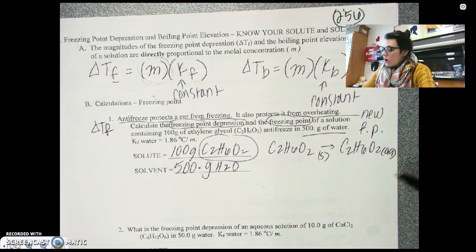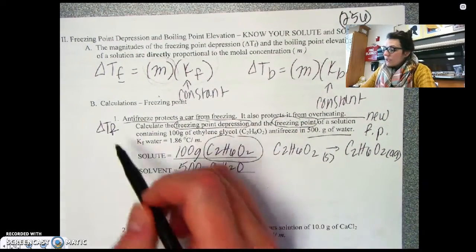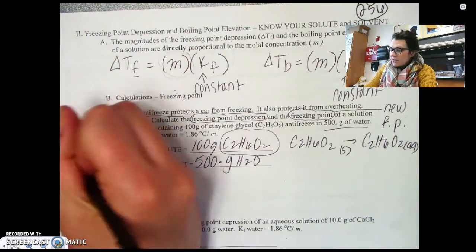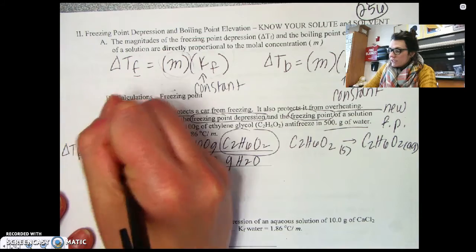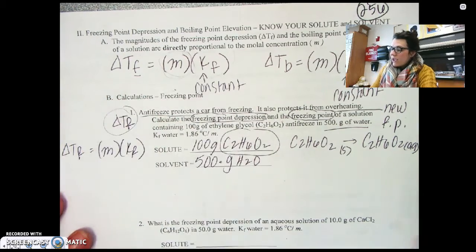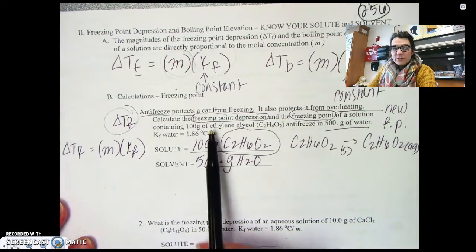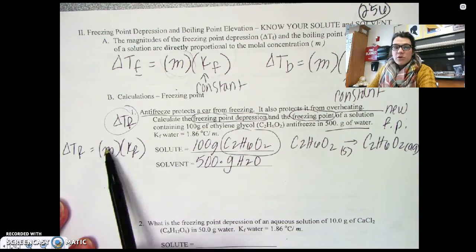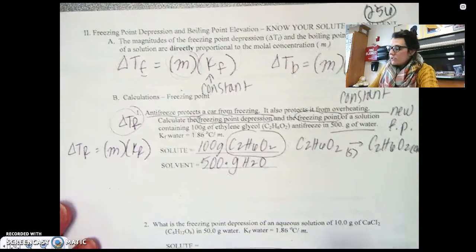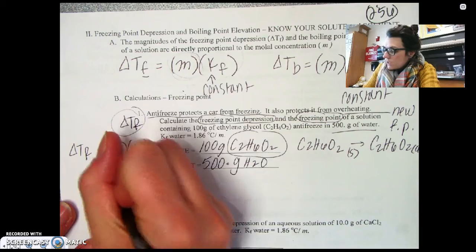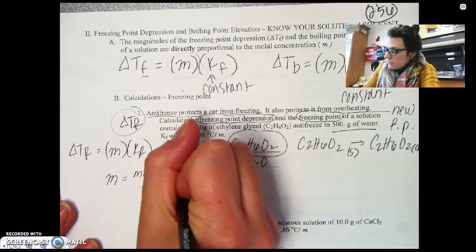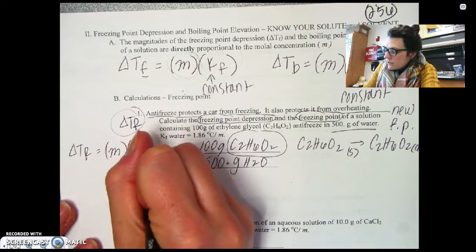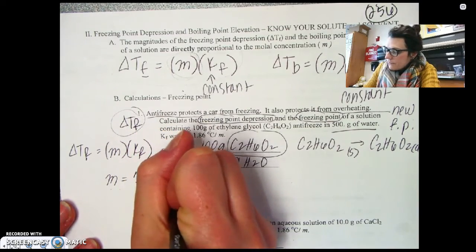So I'm looking for delta T of F, and delta T of F is equal to the molality times that K F. I have K F, it was given to me, so I have to solve for molality, and that's the first step. Molality is equal to moles of solute divided by kilograms of solvent.